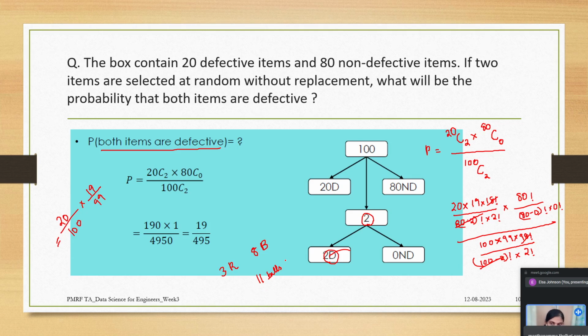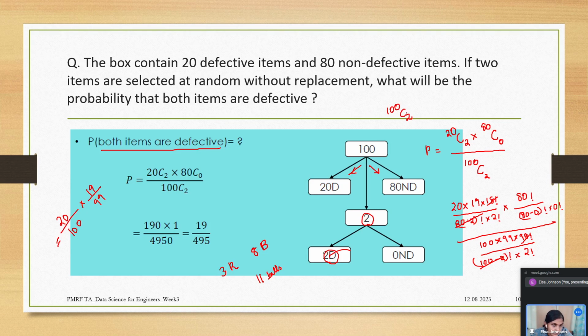Here also there are 2 types in a pile. One pile of 100 items is there, and in that 2 different items are there. So selecting 2 from the whole pile can be written as 100C2.